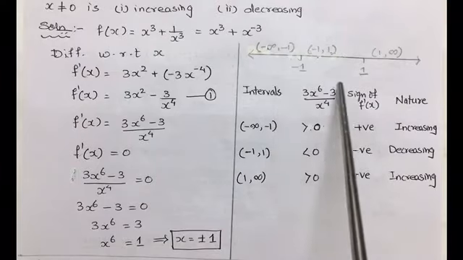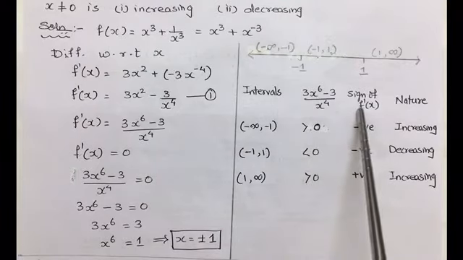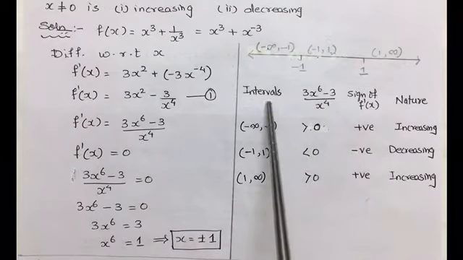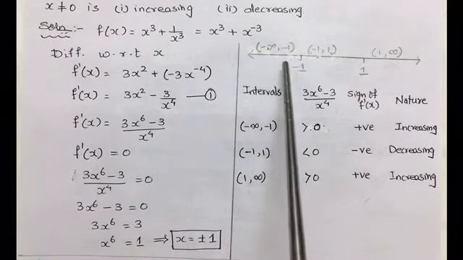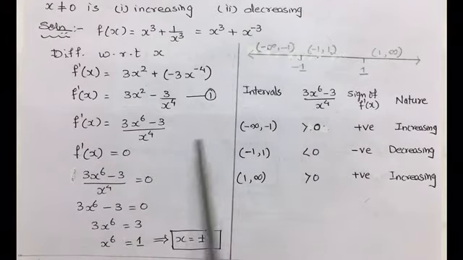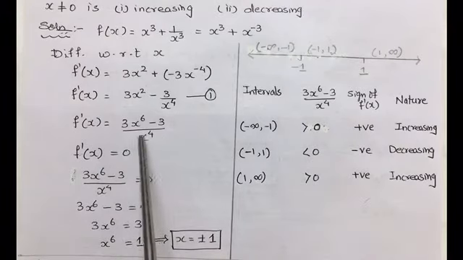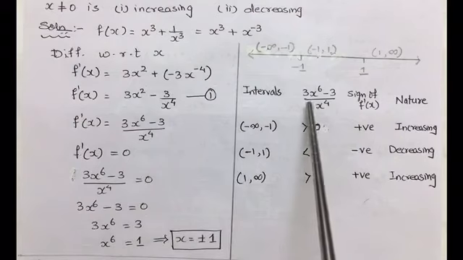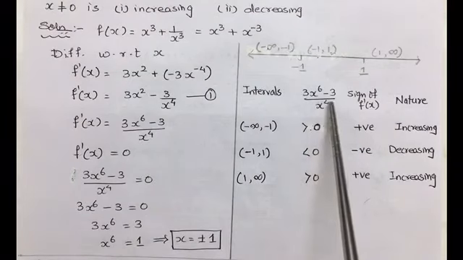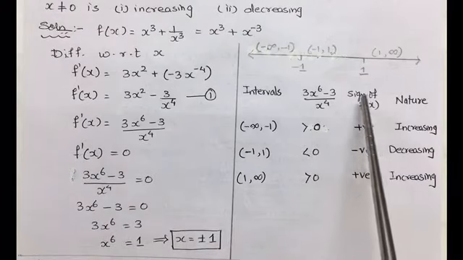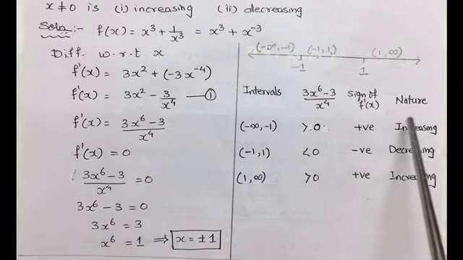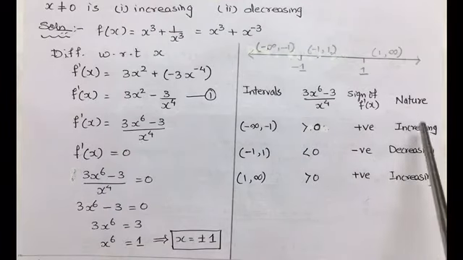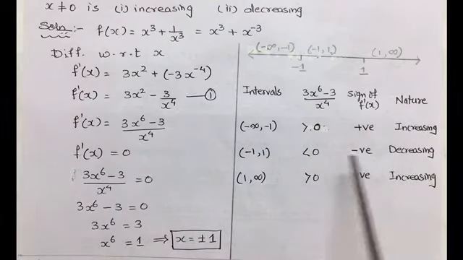Now we have to check the sign of f dash x. So we have taken the intervals in one column, minus infinity to minus 1. Taking up the first derivative f dash x as 3x raised to 6 minus 3 upon x raised to 4. Sign of f dash means positive or negative, and the nature consists of increasing and decreasing.